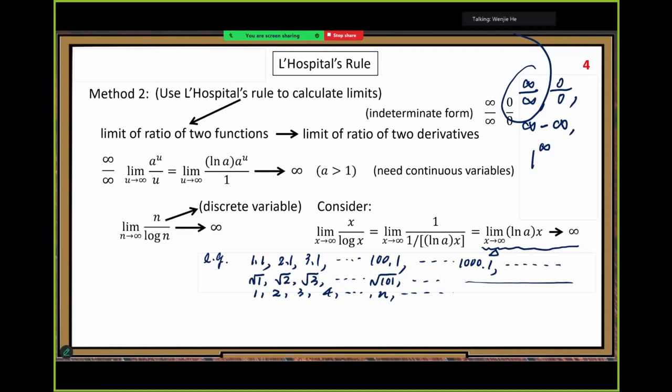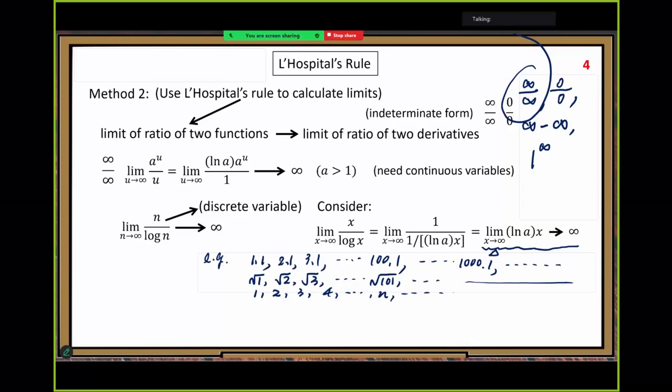Based on the definition of the limit, when we jump from the continuous version, because we have the result, back to the conclusion on the discrete version of the limit, we can say it's also infinity.